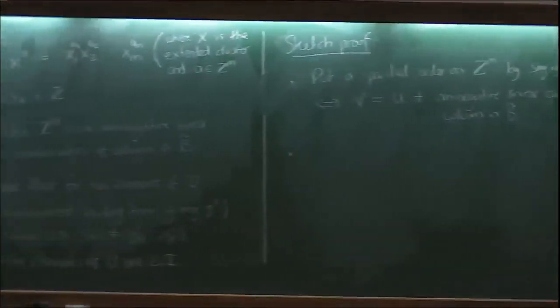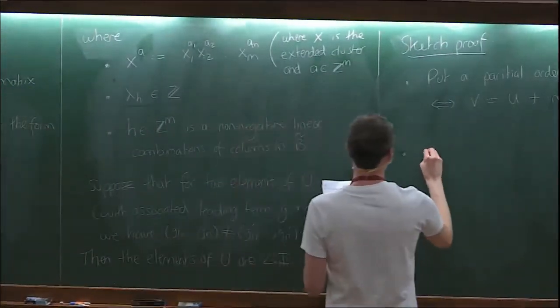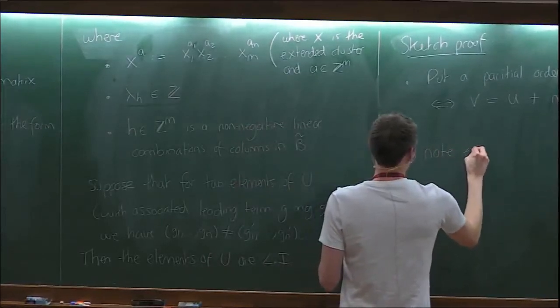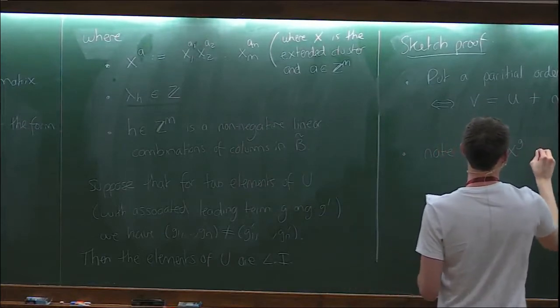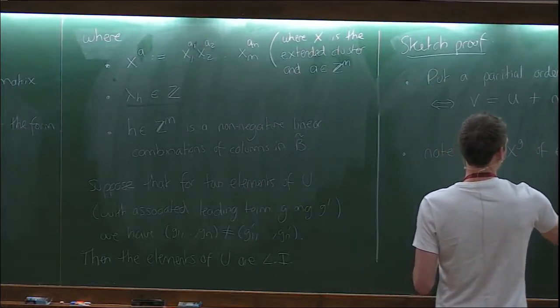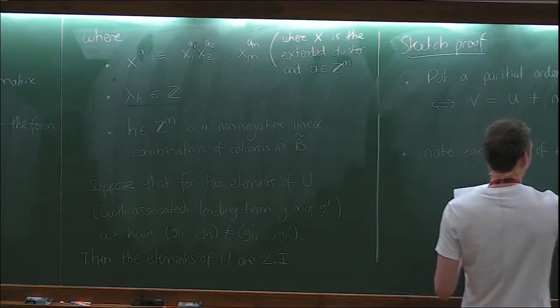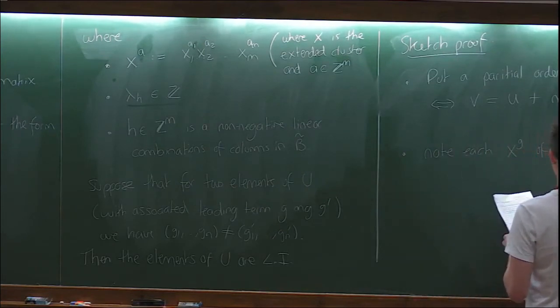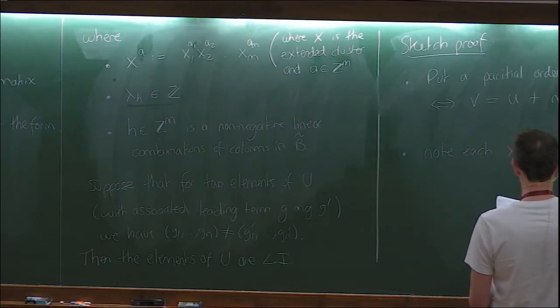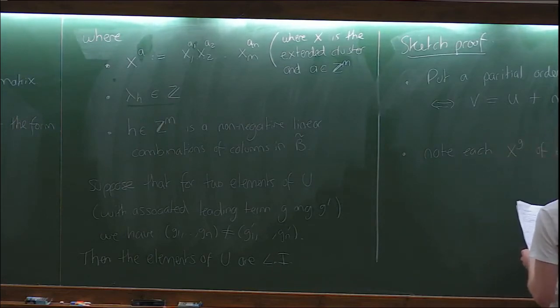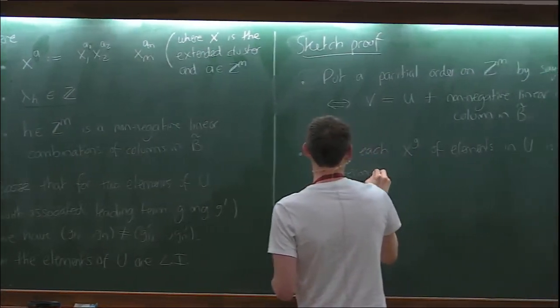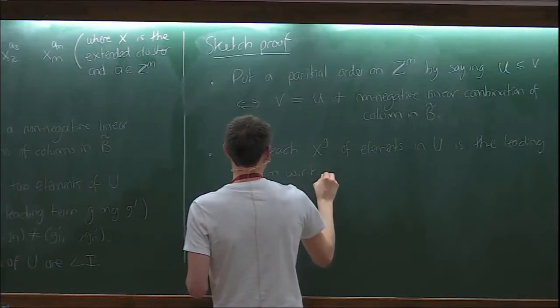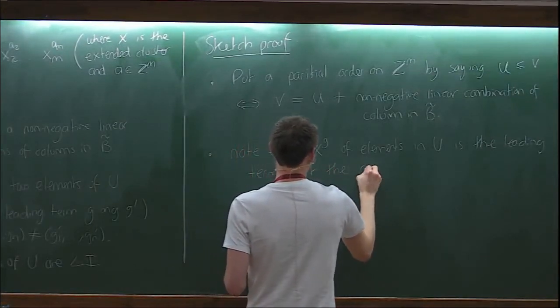So note each respective x^g of elements in U is the leading term with respect to the partial order.